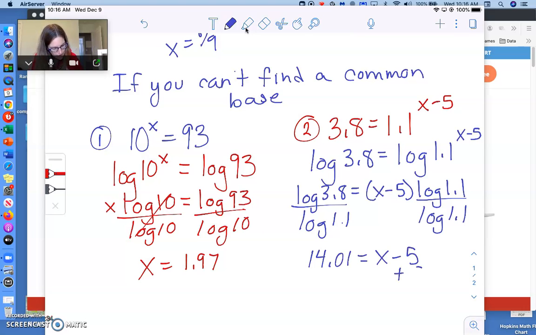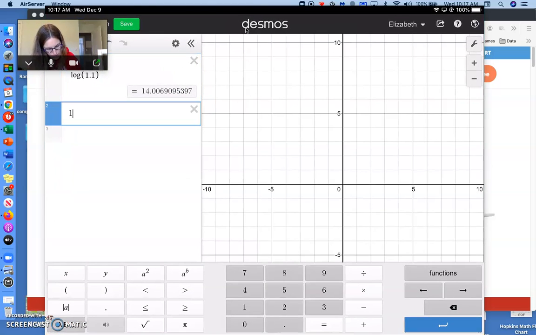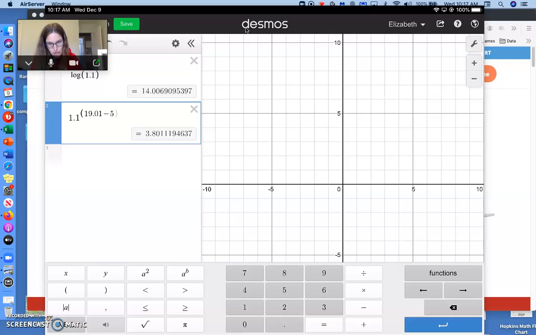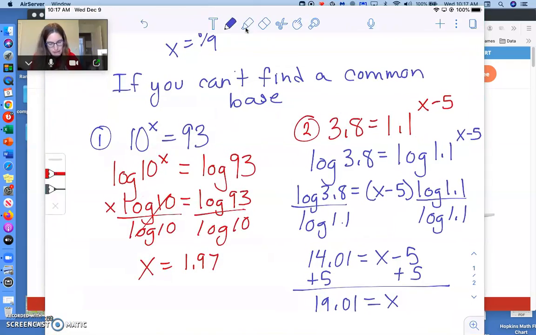And then I could add 5, so we have 19.01 equals x. And we could double check this. I could go back here and say 1.1 to the power of 19.01 minus 5, and we could see we got 3.8. And that's what we wanted it to be, 3.8.